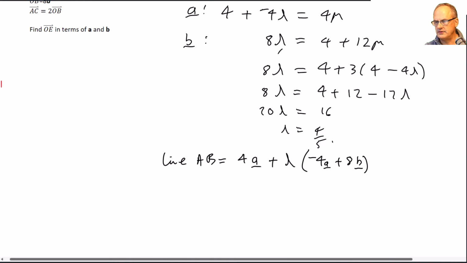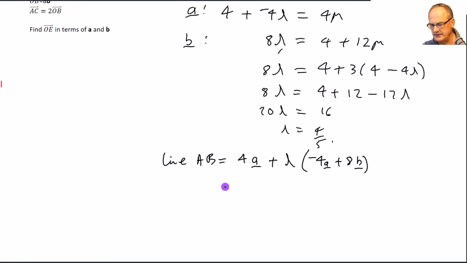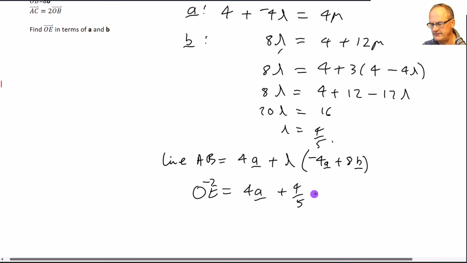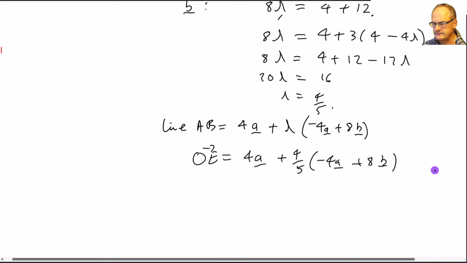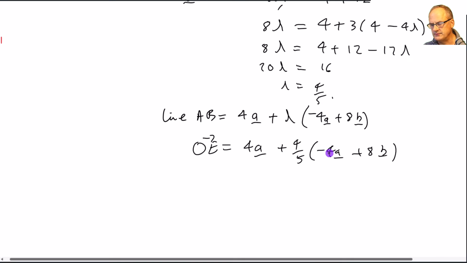So let's grab that equation from above and put the lambda in. We know that OE will be at 4A, and it's where lambda equals 4/5, so plus 4/5 times minus 4A plus 8B. So 4 times minus 4 is minus 16 over 5, and 4 is equivalent to 20 over 5.